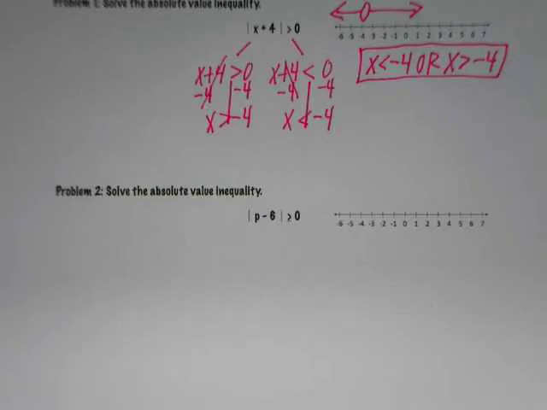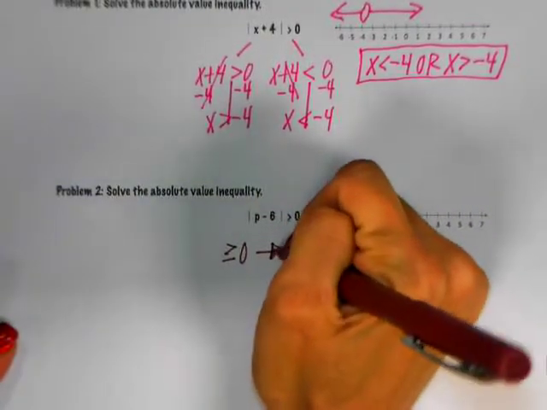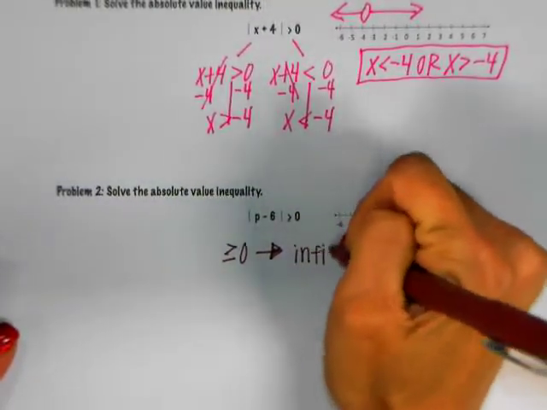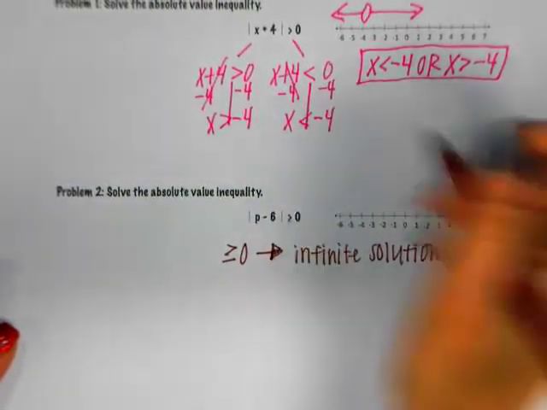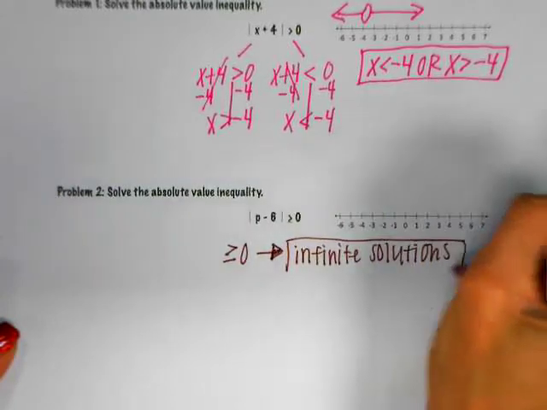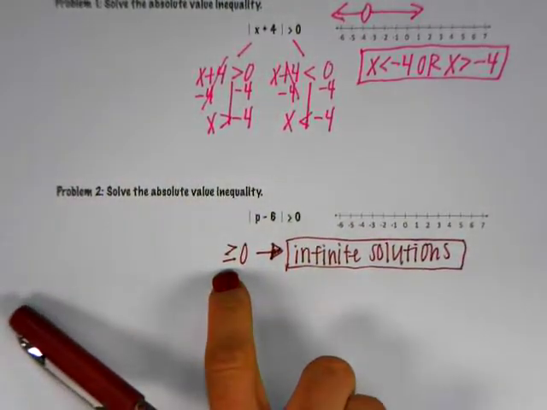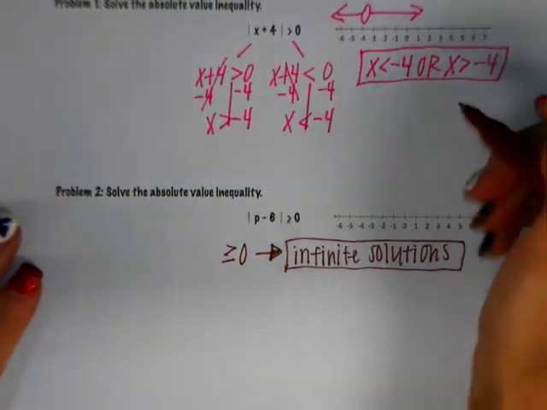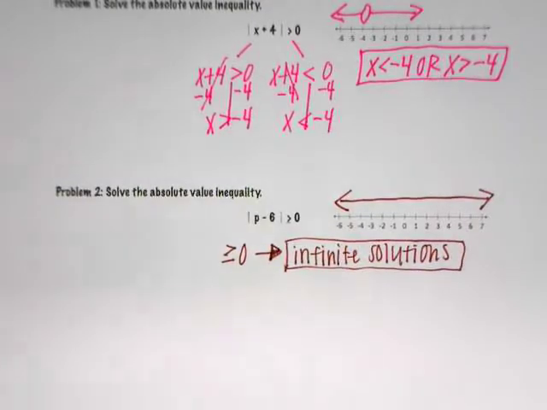All positives, so what do we think the answer is? Infinite solutions, yeah. So it's always going to be infinite solutions if this includes all positive numbers and 0, okay? And your graph for infinite solutions, remember, is just like including everything, like that.